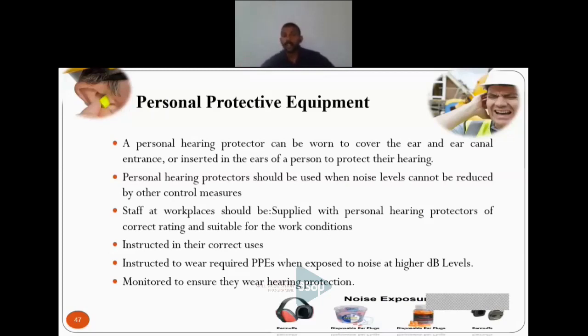And the staff who are working, we have to guide them and compel them to wear the protective equipment, or instruct them to wear the personal protective equipment to reduce the noise.